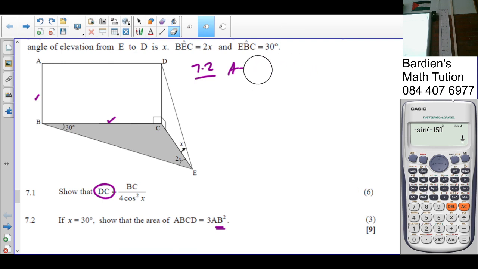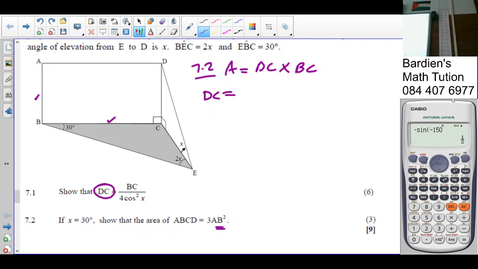I could have gone with AB and said at this point already that they are equal, but it's not to complicate things. So DC is going to be BC over 4 cos squared 30 degrees.